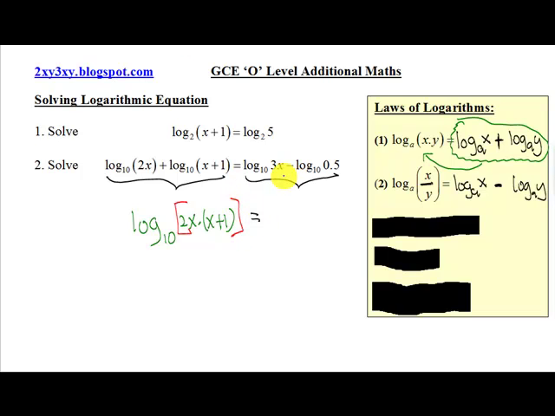On the right hand side of the equation, because this is a subtraction, we have to apply law number 2. These 2 logs can be combined into a single log, and the expression inside the log will be x divided by y. So the expression inside will be this expression here divided by 0.5.